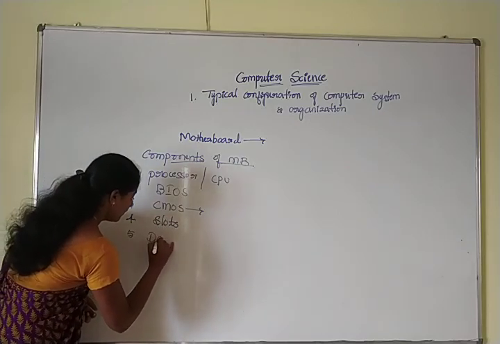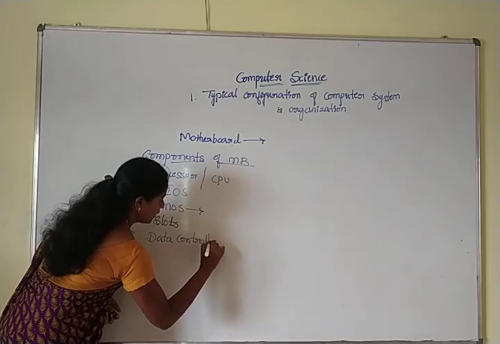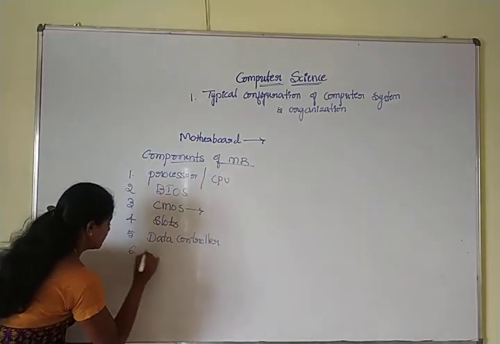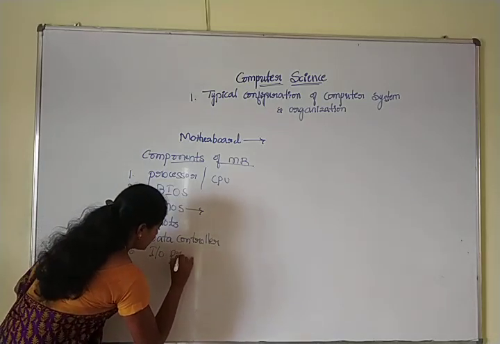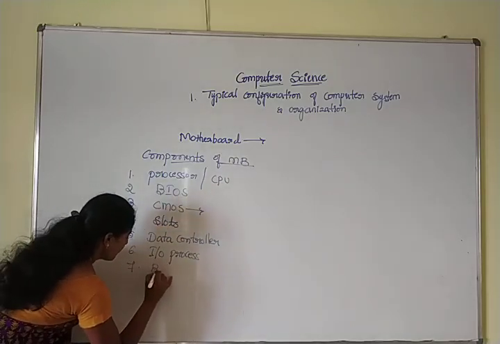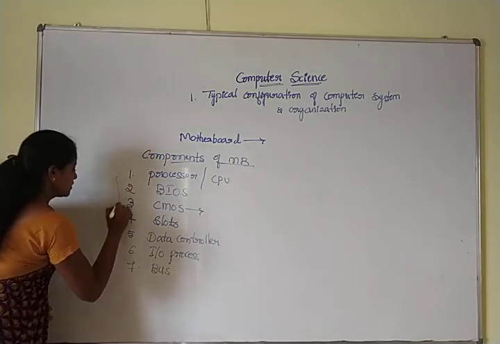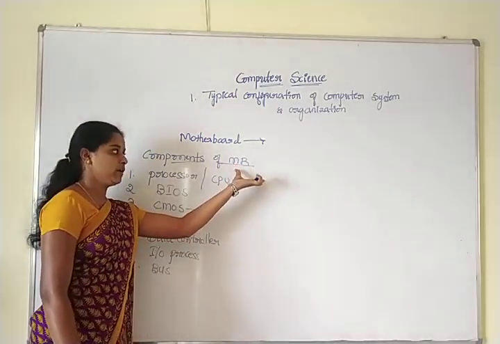Fifth, data controller. Sixth one is input output processor. Seventh one is bus. These are the 7 components associated with our motherboard.